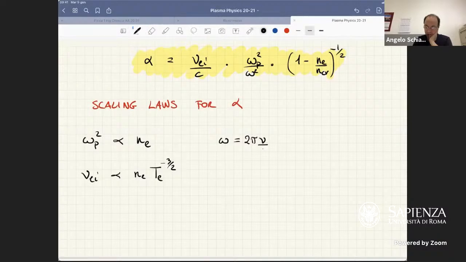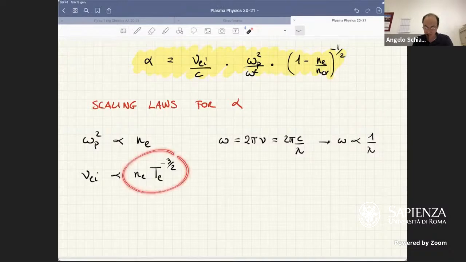And nu we can express as C over lambda, where lambda is the wavelength of the laser. So we see that omega is inversely proportional to the wavelength of the laser, lambda.